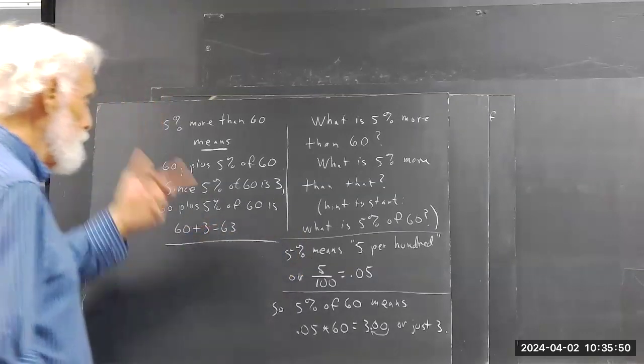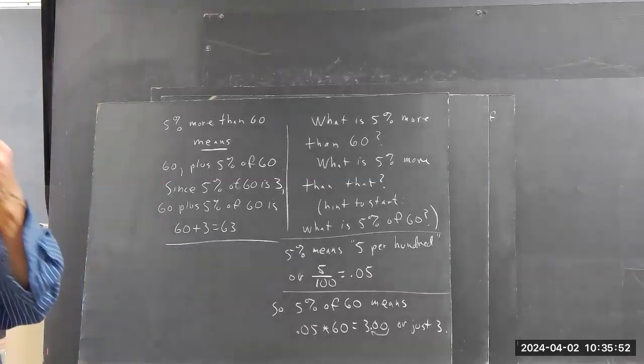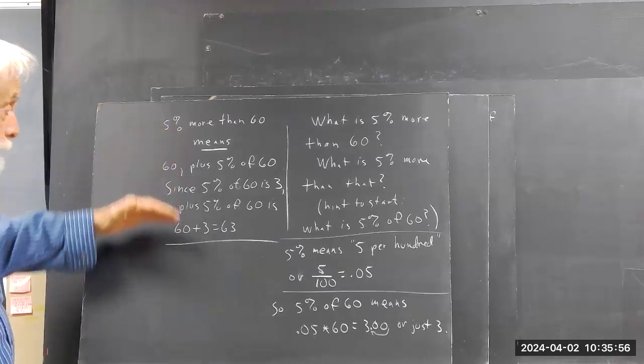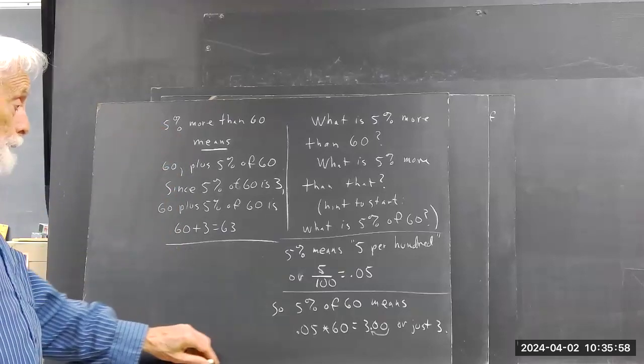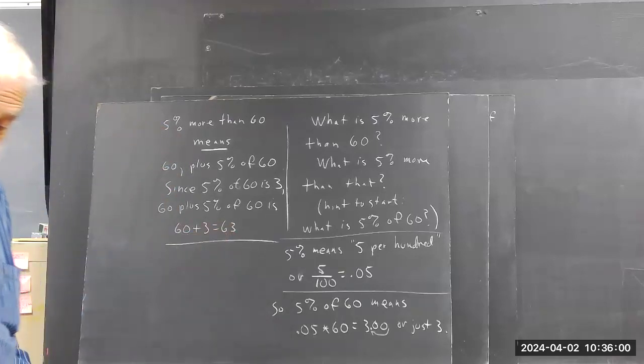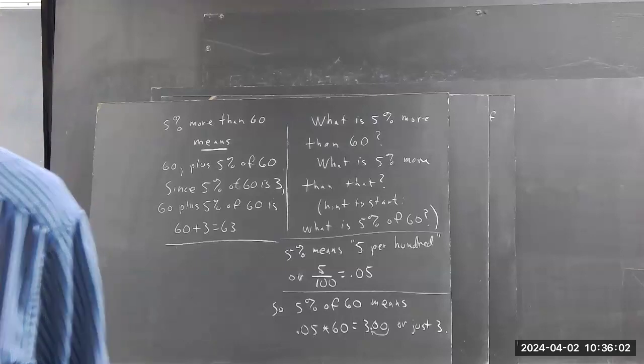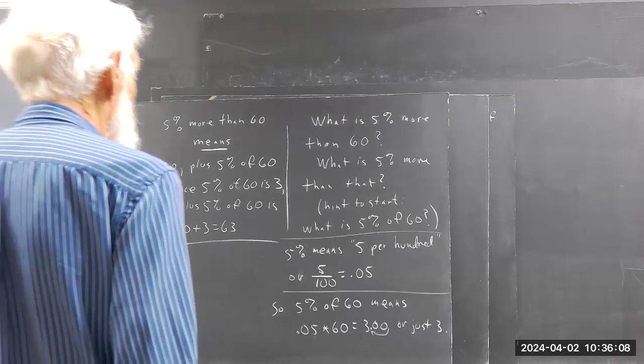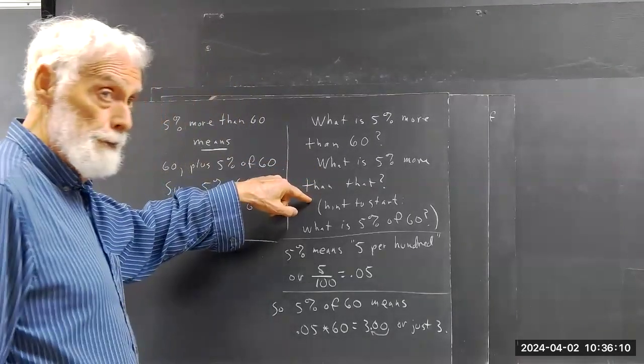Sixty plus 3, or 63. Okay. Now make sure you understand the words. And with few problems of this nature, write out the words. Okay, so what's 5% more than that?